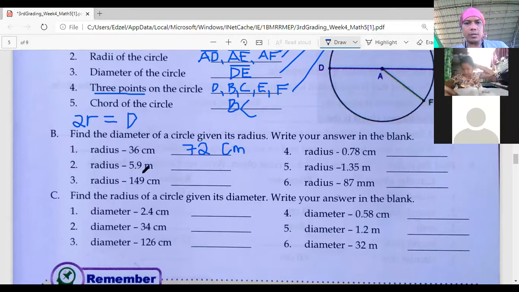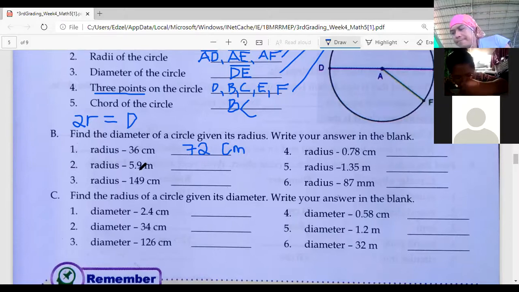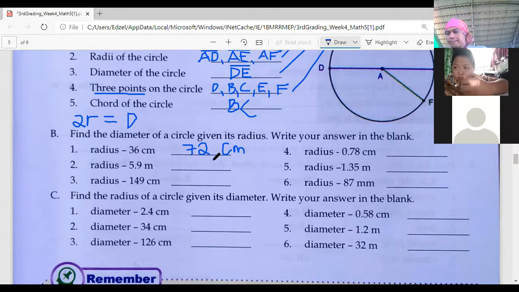Ayun, tama, 72 cm. Ayan. Kung radius nga 5.9, pilang diameter?